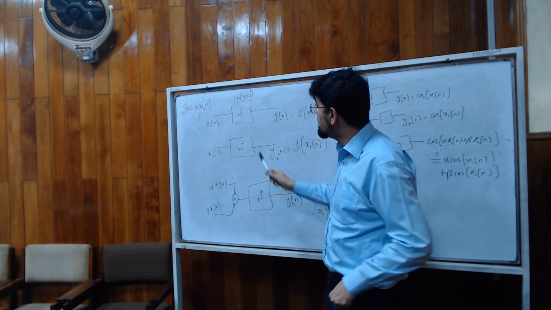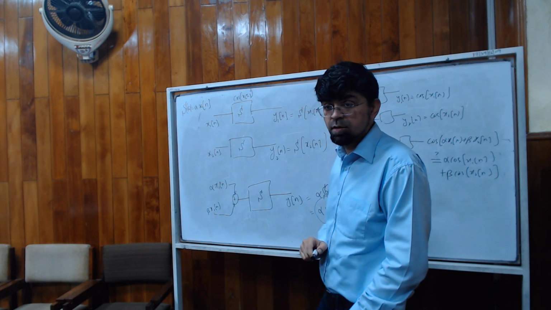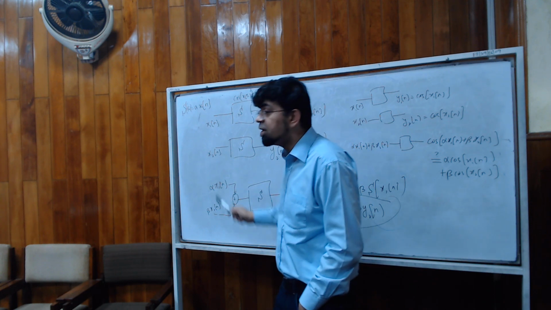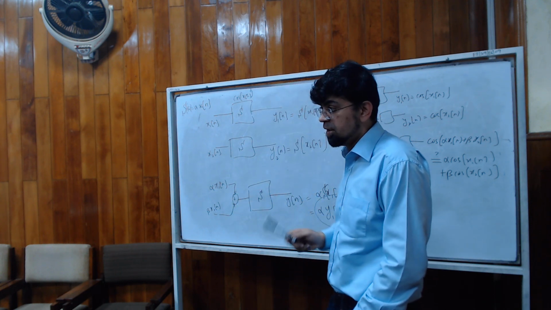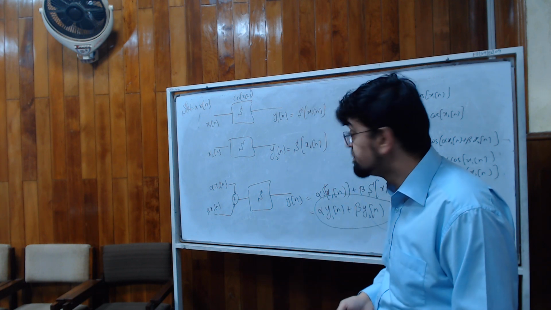So what happens if you give it x1n, what should you get? a x1n. If you give it x2n, what should you get? a x2n. ठीक, तो अब ये तीन स्टेप्स जरा अप्लाई करें इसको.